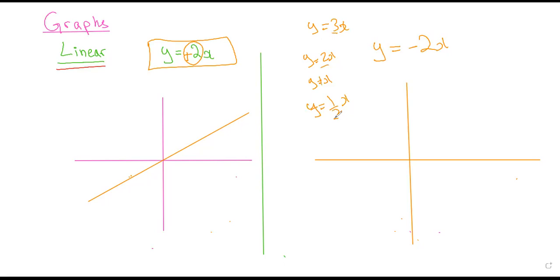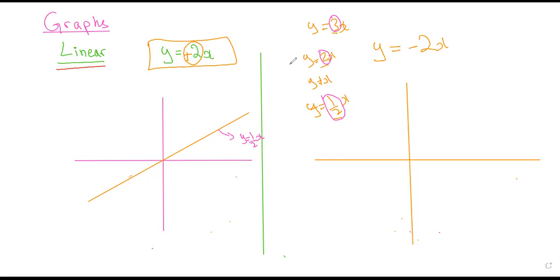Another concept is this. Let's say this is the line for y equals 1 by 2x. Now I just told you that the coefficient of x is basically the slope. The bigger the coefficient of x, the steeper the slope would be, right? So what would be happening for this case?